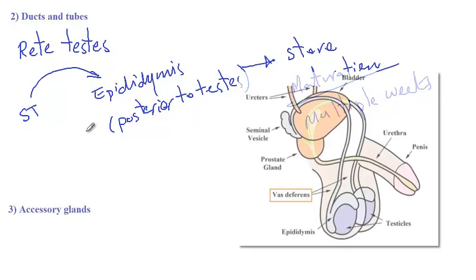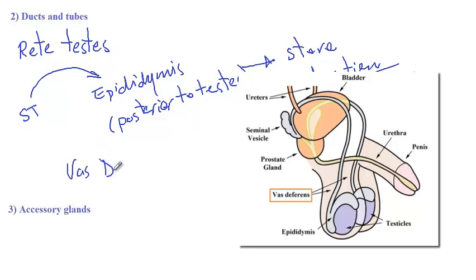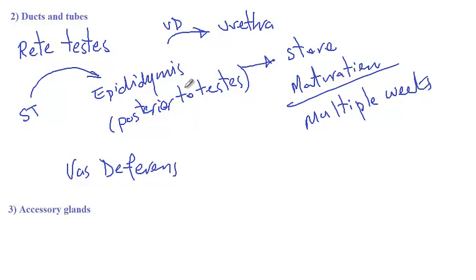Next, we are having ductus, or the other name for which is vas deferens, which is a long duct that connects epididymis to the urethra. All right, so vas deferens is connecting epididymis to urethra.